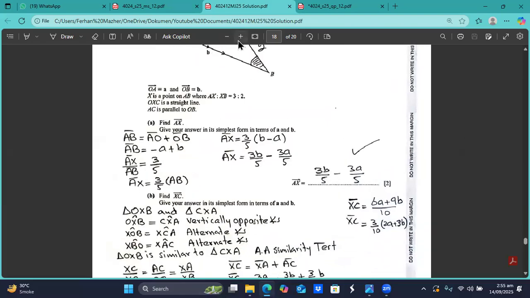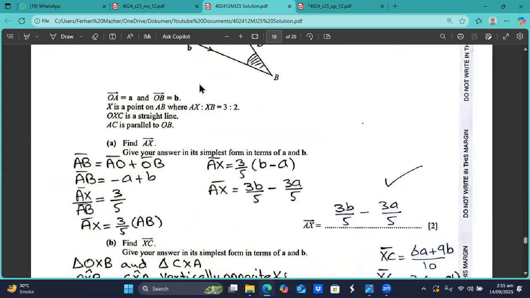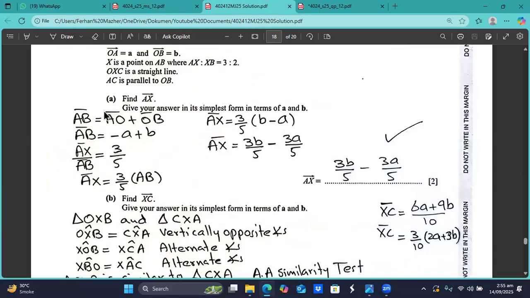So here you see, here we have the AB will be go from A to O plus O to B. Going from A to O will be minus A, and going from O to B is positive B. So now I know the value of the AB. AX is a small portion of the AB line, and I know the ratios. AX by AB, AX I want to know, AB's value I know, and then in the front of it I write their ratio.